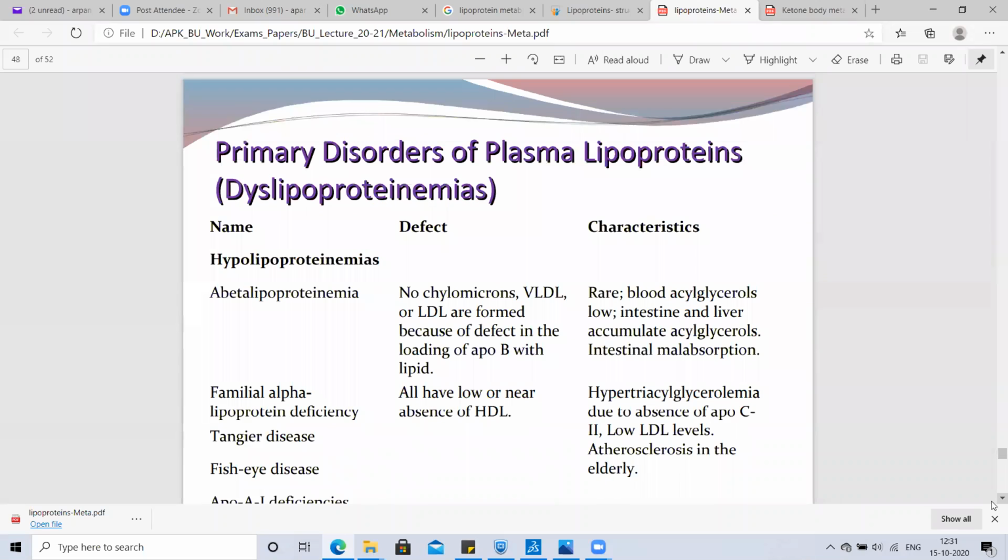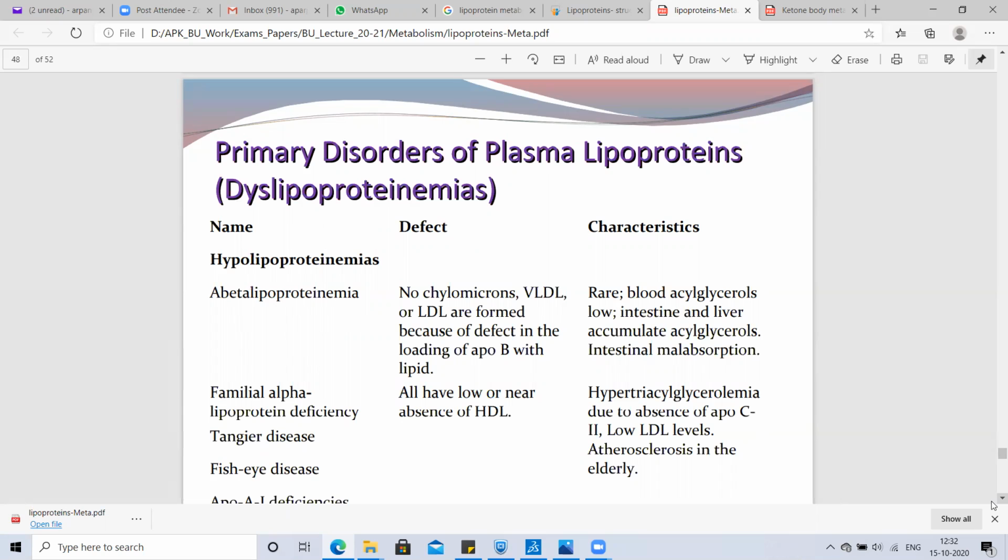Primary dyslipoproteinemia involves hypolipoproteinemias, which can be further categorized into abetalipoproteinemia. Here defective chylomicrons or absence of chylomicrons is seen, and defective VLDL or LDL are formed, whose ApoB part is not proper. This is a rare disorder.